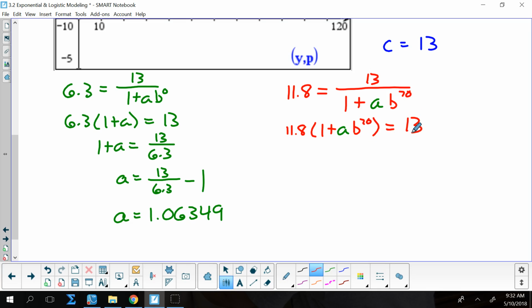Again, divide by 11.8. Again, subtract 1.